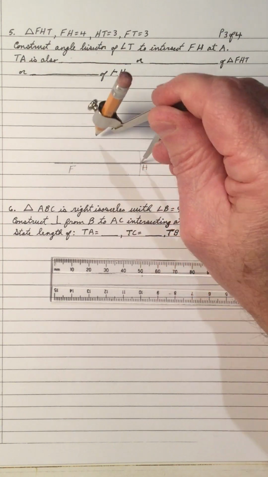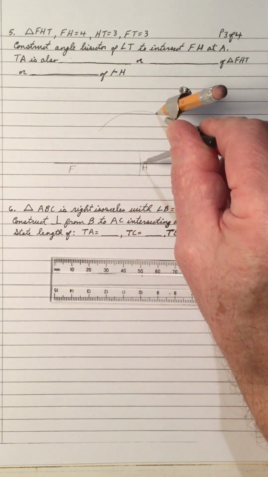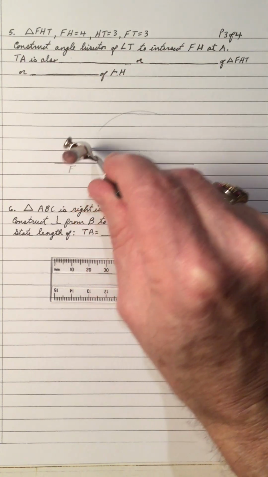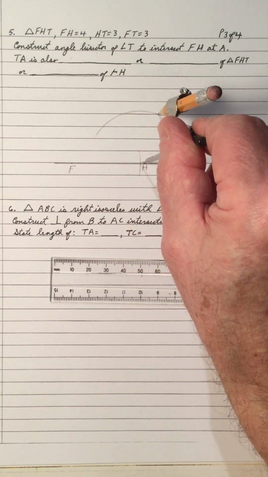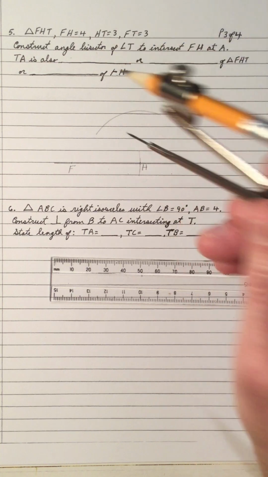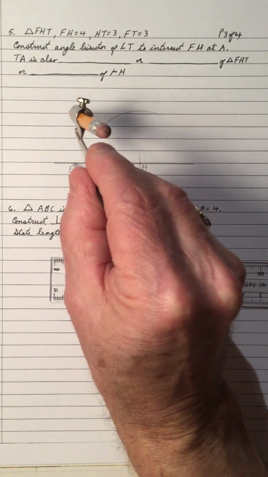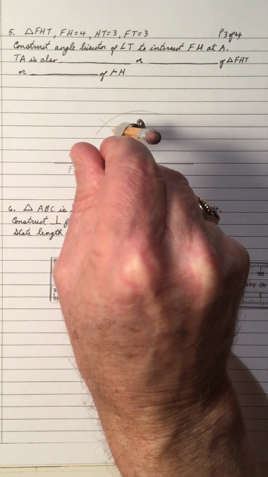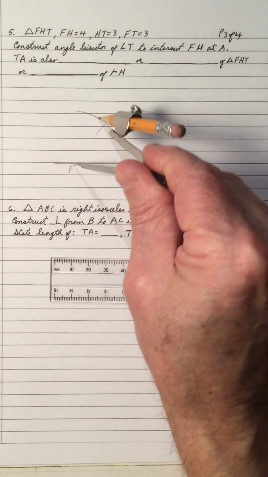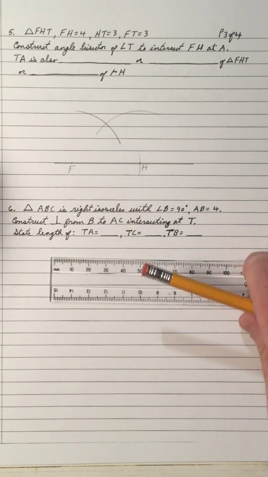So we mark off, anywhere on this arc that I'm now drawing, the distance from H to any point on this arc right here is 3 units. And also, FT is 3, so I didn't have to move my compass. Any point on this arc that I'm now drawing is 3. So take it away, and I join it up.